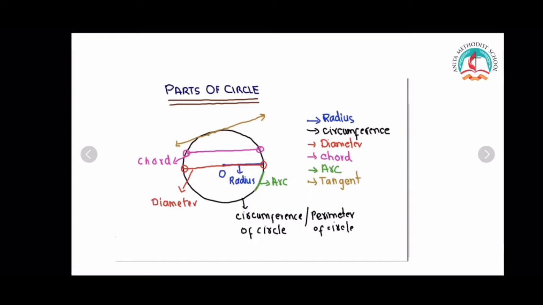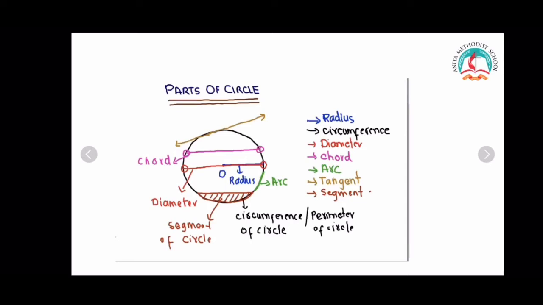Then we have the other part of the circle, that is the segment of the circle. If I draw it like this, this is called the segment of the circle. Now let's see what is the definition of the segment of the circle. This is the key that will help you understand the different parts of the circle.